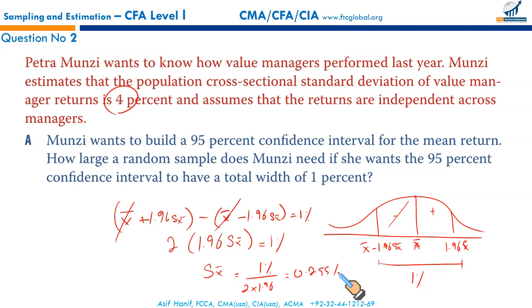What do we actually need? We need how large a random sample Munzee needs if she wants the 95% confidence interval to have a total width of 1%. So we have found the standard error of the sample mean. Let us calculate the sample size using it.